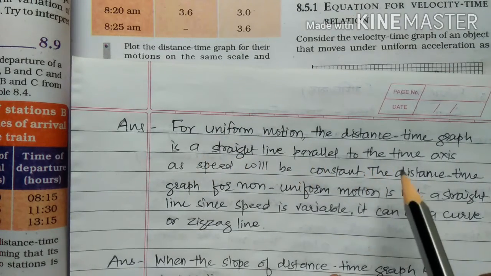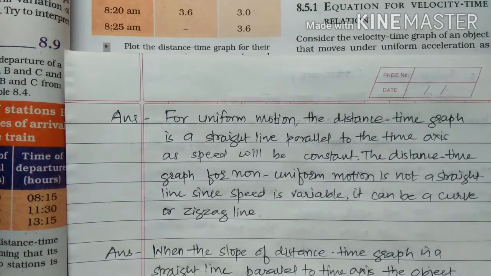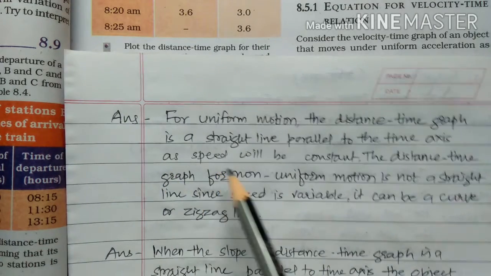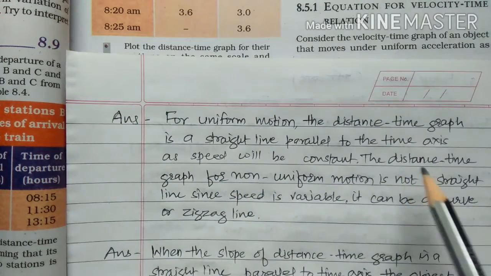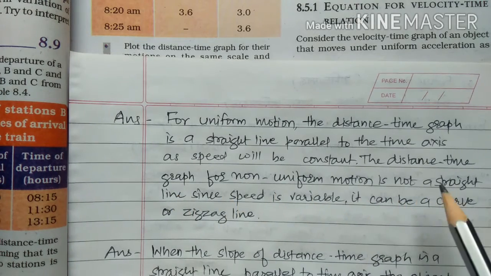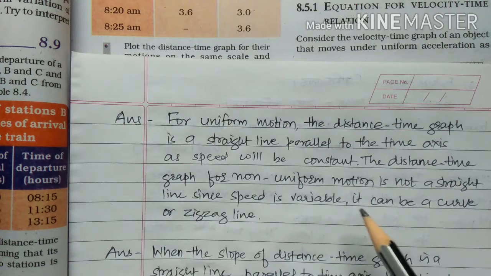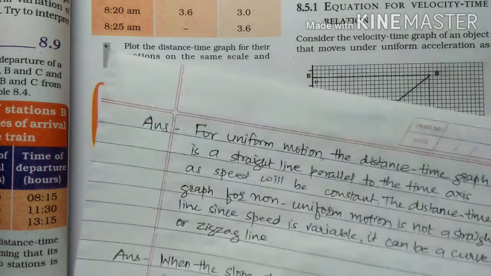As speed will be constant. The distance-time graph for a non-uniform motion is not a straight line. Since speed is variable, it can be a curved or zigzagging line.